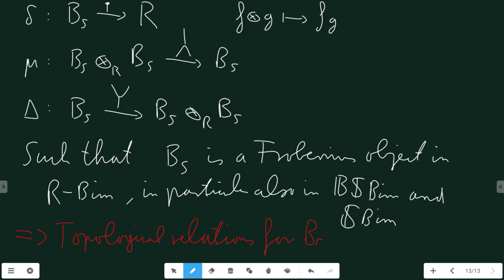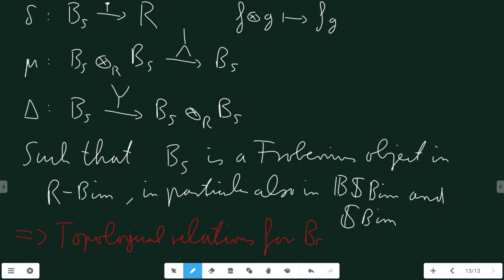For completeness, I write down all the maps in coordinates, but you really don't need to remember them. Well, you need to remember them for my next example, and then you should forget them. Because I'm aiming to write down now a complete description of the category generated by BS, which is one color calculus, but S is my one color.